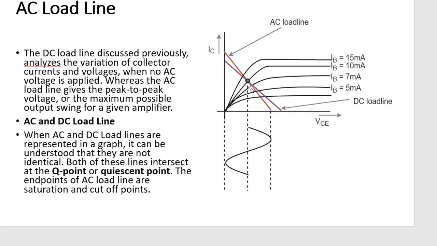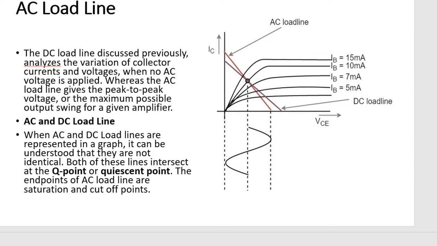They are not the same, but a very important point is that these two load lines meet at a point known as the Q point or the quiescent point. So this is the Q point of this particular transistor. Both the load lines intersect at the Q point or the quiescent point.